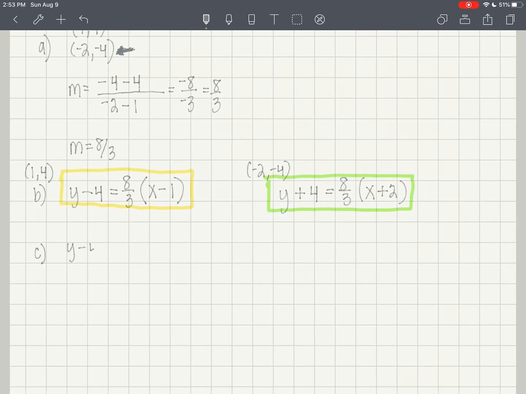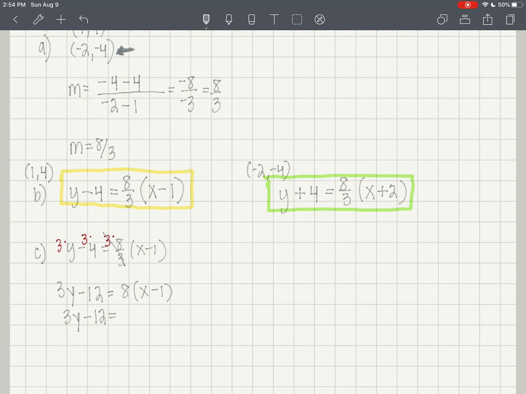So we've got y minus 4 equals 8/3 times x minus 1. I'm going to multiply each term by 3. So I'm going to clear the fraction. 3y minus 12 equals 8 times x minus 1. The 3's cancel out. We have 8 times the quantity x minus 1.